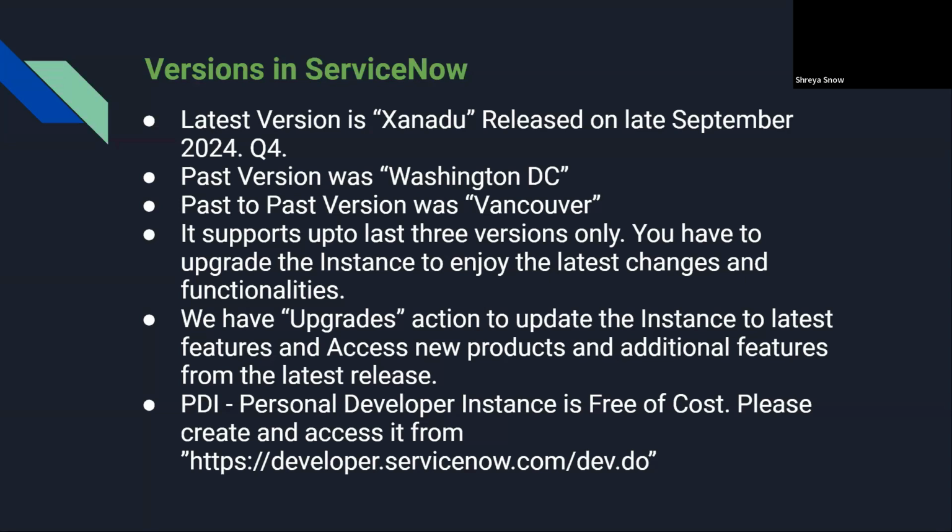That means if there is a new version, we also just install it in our system. It is available for us. Likewise, we'll just upgrade our system, and the latest features are directly invoked into the system, and we can use them from the time we upgrade it completely. Okay, we have a great action to update the instance to the latest features and access new products and additional features from the latest release.